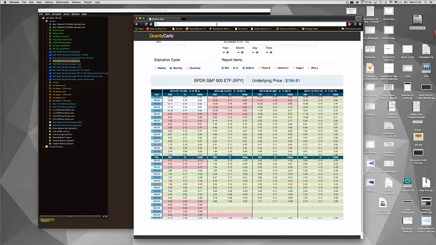If you're a programmer, you might be interested in using it. It's quite a unique and special library for calculating option prices and option Greeks and implied volatility, especially implied volatility.